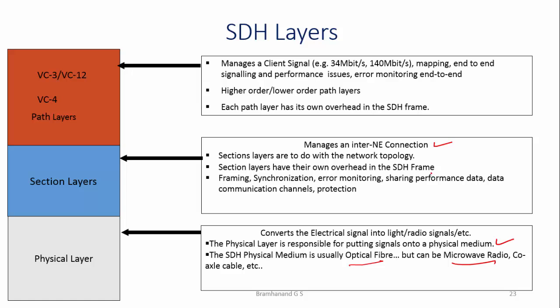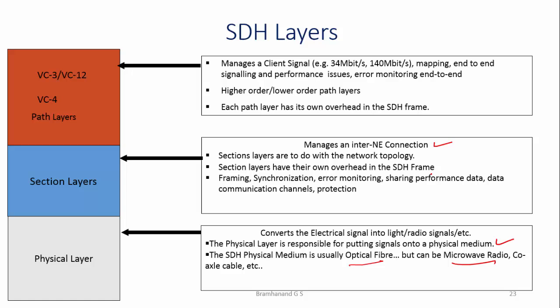When we discuss the overhead in a separate session, we will understand each and every byte in the section overhead and its function, which will enable the operator to efficiently manage the section layers.